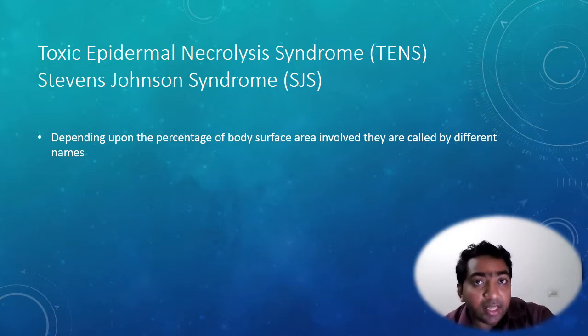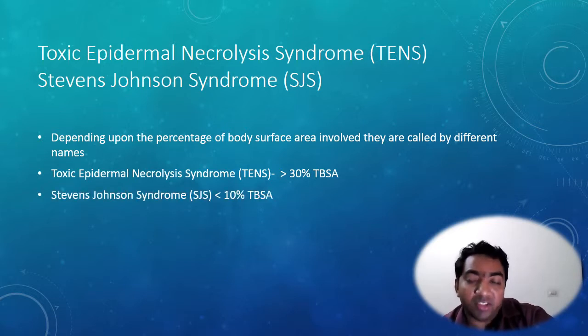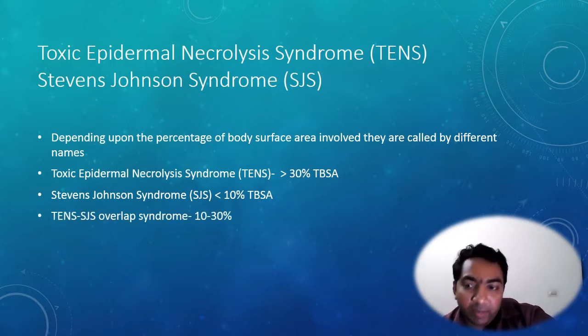When greater than 30% of the total body surface area is involved, it is called toxic epidermal necrolysis, and when it is less than 10% of the total body surface area, it is called Stevens-Johnson syndrome, and in between 10 to 30%, it is called TEN-SJS overlap syndrome.